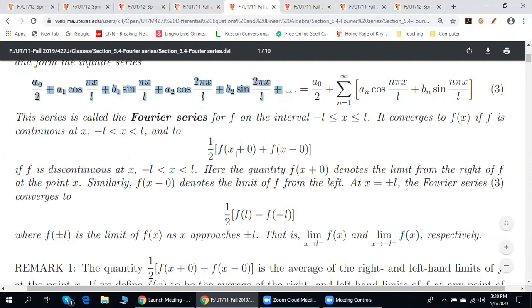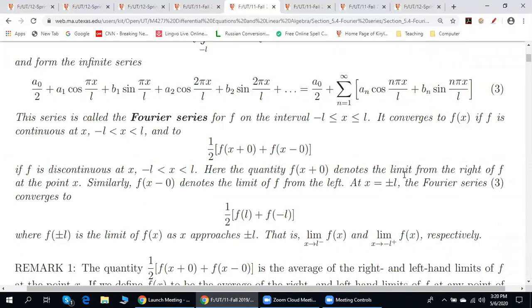Then our series converges to this, where f of x plus 0 denotes the limit from the right of f at x. Similarly, f of x minus 0 denotes the limit from the left.